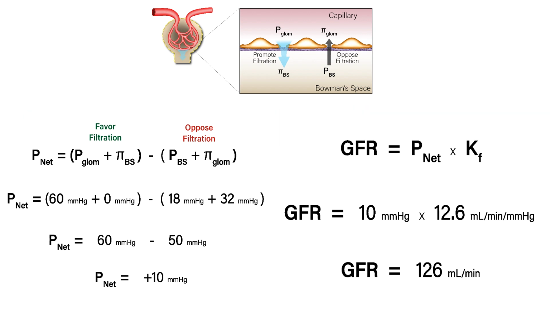But the 2 that appear to be most readily regulatable by the kidneys are the glomerular hydrostatic pressure, which tends to favor filtration, and the glomerular oncotic pressure, which tends to oppose filtration. It should be readily apparent that factors which tend to increase the glomerular hydrostatic pressure will tend to increase the net filtration pressure and therefore increase the glomerular filtration rate.